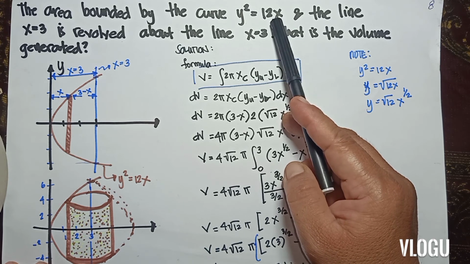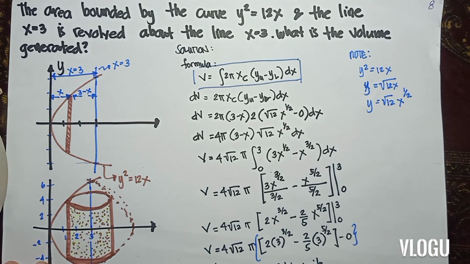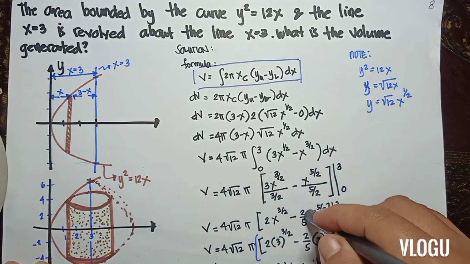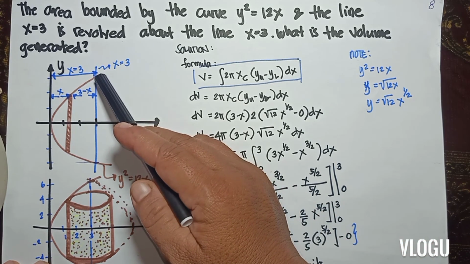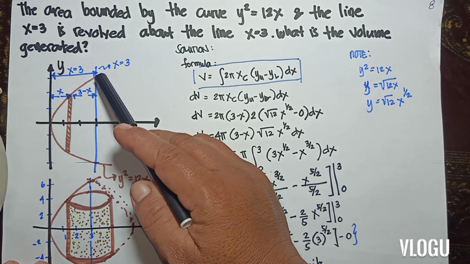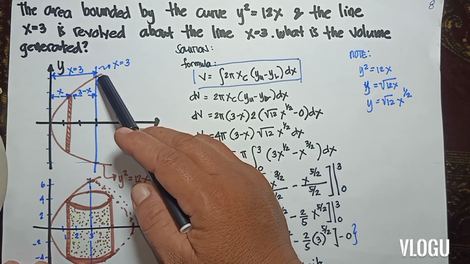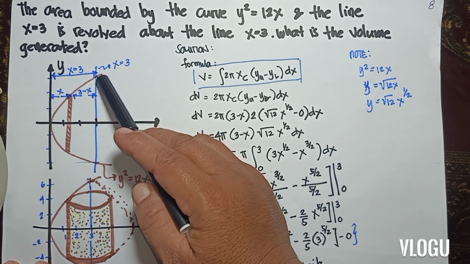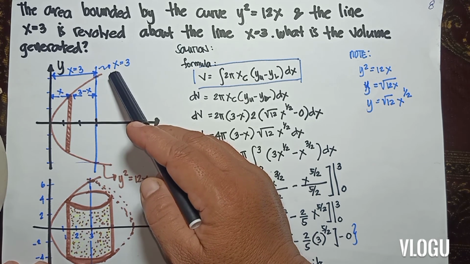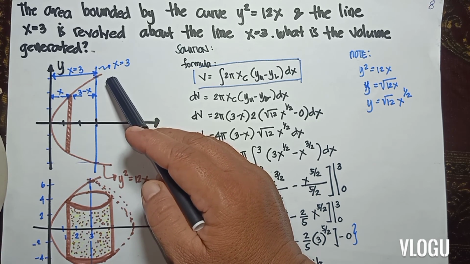The square root of 36 is plus or minus 6, right? So therefore it will intersect at 3 and positive 6.